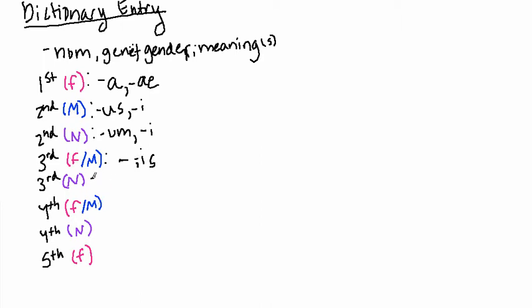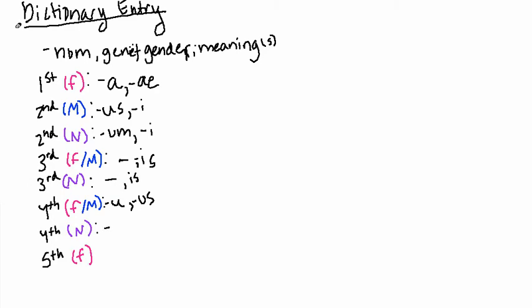Now, neuter has the exact same dictionary entry, but I just included it twice because they use two separate sets of endings. And now fourth, if it's masculine or feminine, the ending is us. If it is neuter, the ending is, that was wrong.